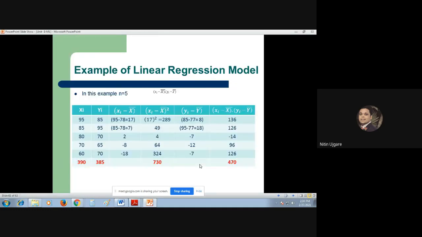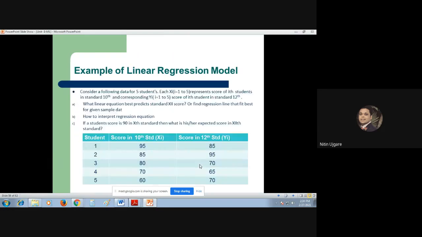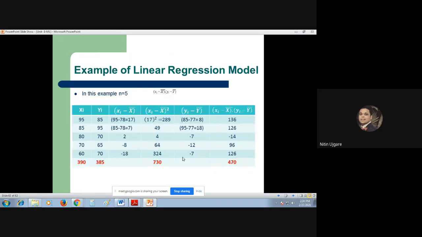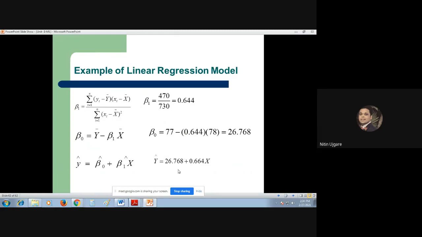Now, the second question which was asked is: how to interpret the linear regression equation line. If the value of beta 0 is 0, the first interpretation, the first assumption that we are going to make, is that the value of y is still increased by beta 1 units.